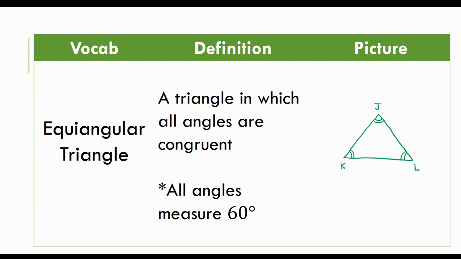And it says that all angles measure 60 degrees. The reason why each of these angles is 60 degrees is because three angles of a triangle will always add up to 180. So if all three of these angles are congruent, you're taking 180 and dividing it by 3, and that's where the 60 comes from. So three angles of a triangle add up to 180. Equiangular triangles, all of the angles are 60.